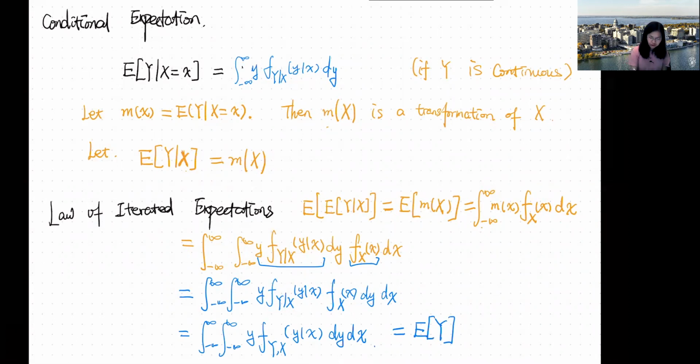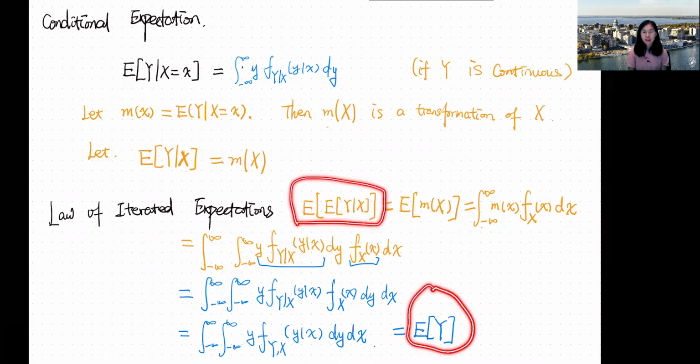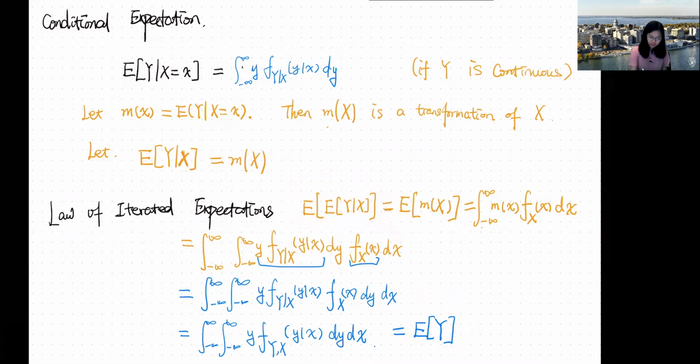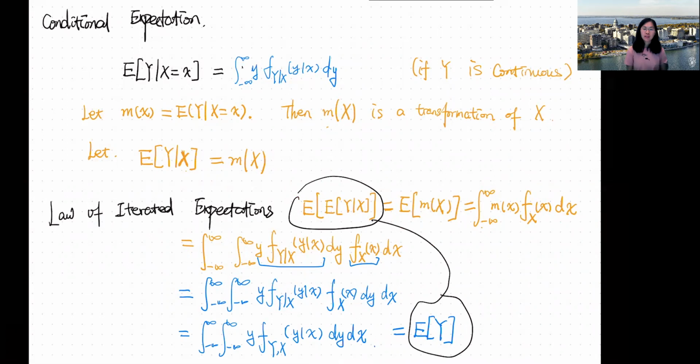So what we have shown is the iterated expectation equals taking the expectation once. What we have shown is this equality. So that is the law of iterated expectation. It holds for discrete and holds for continuous random variables.